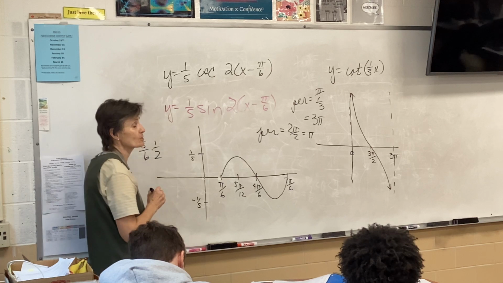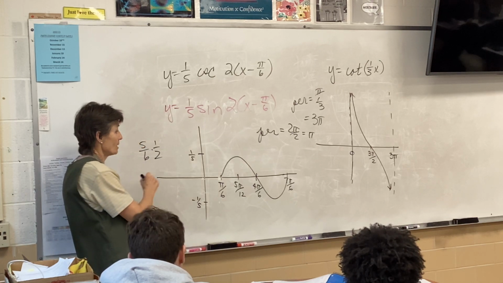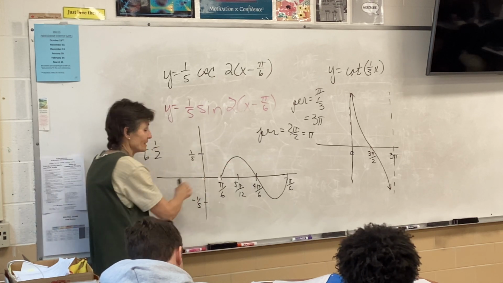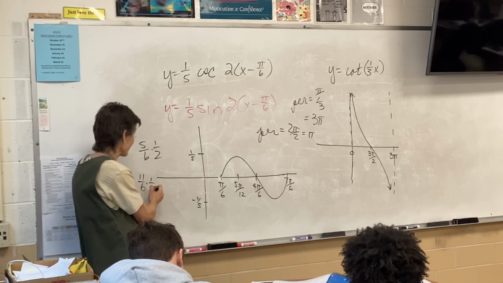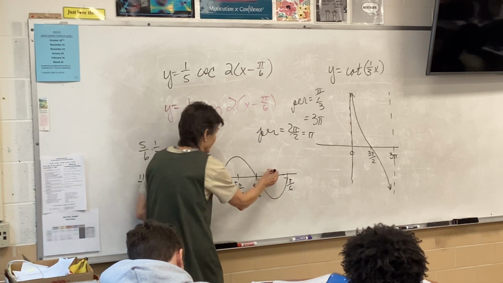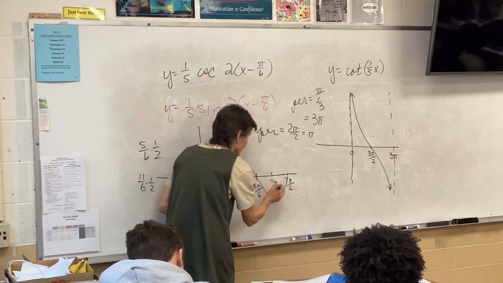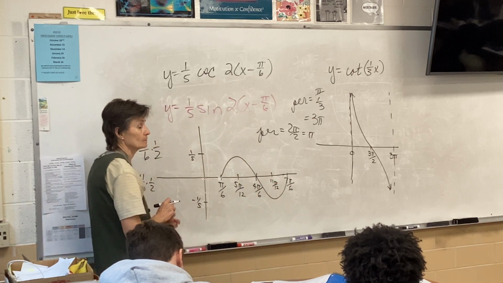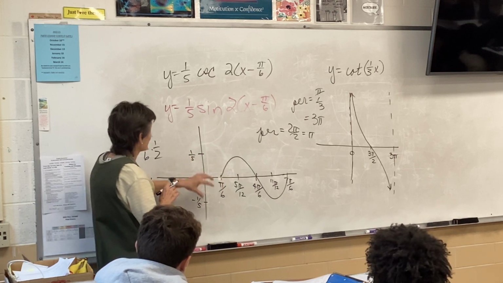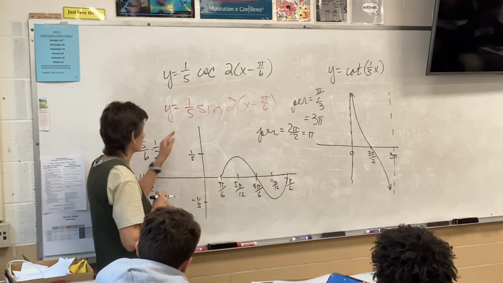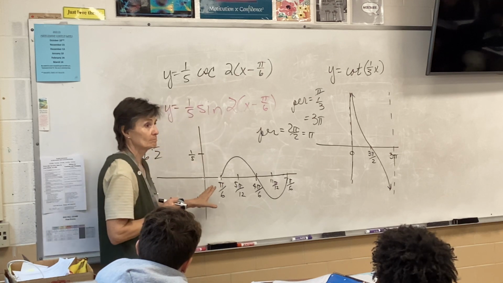Fractions are our friends, don't panic. 4 and 7 is 11/6, and half of that is 11/12. I was meant to do a pink, I'm sorry. That's my pink curve.